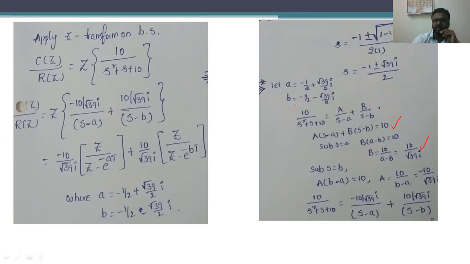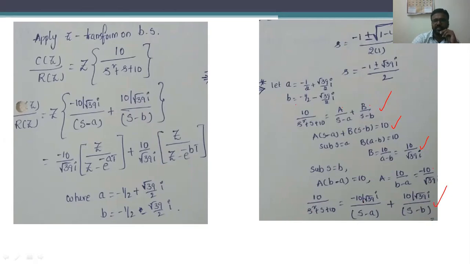Just substitute the values in this equation. We get the expression as minus 10 divided by root of 39i divided by s minus a, plus 10 divided by root of 39i divided by s minus b. So we have to calculate the Z transform for this expression.